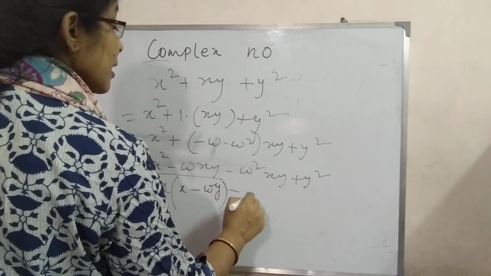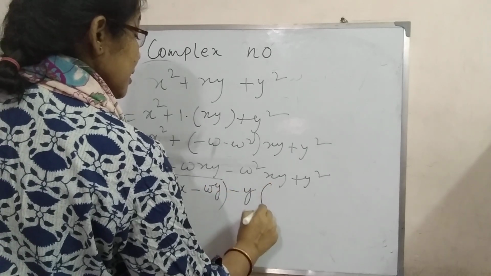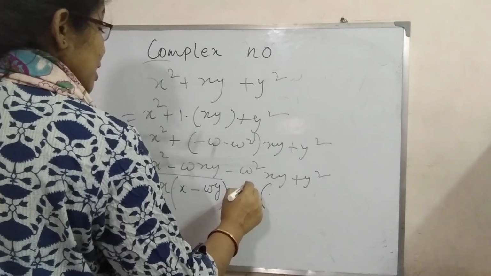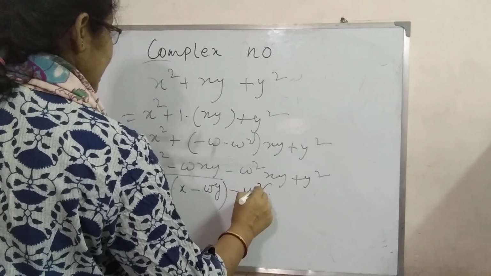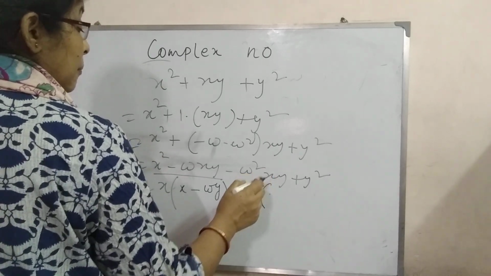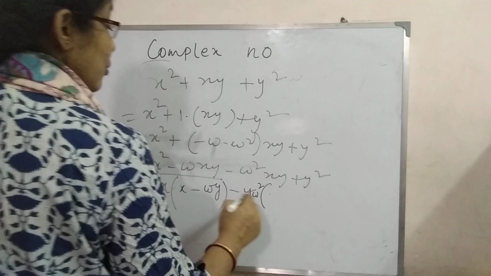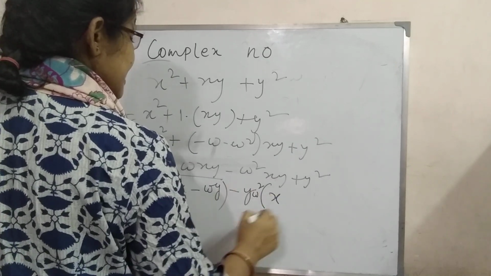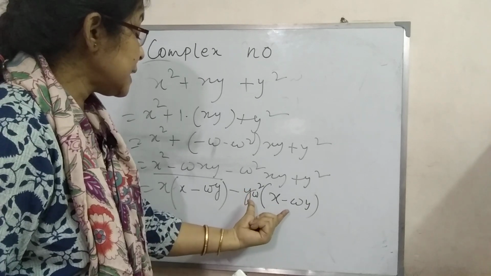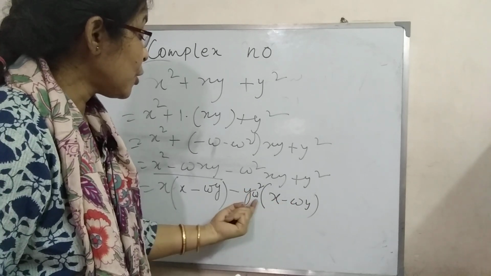And here y square is common, taking it out. You will see omega into omega square is omega cube, 1.